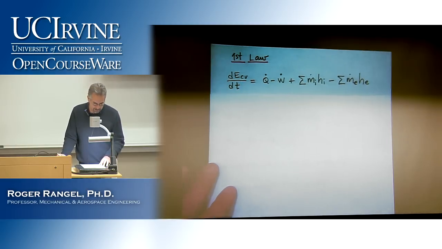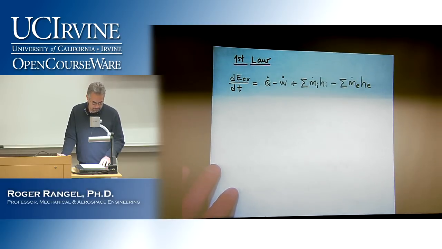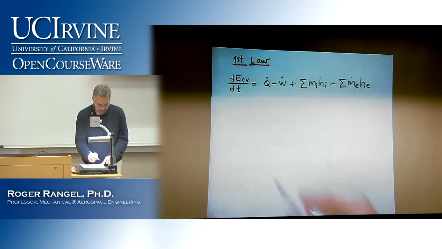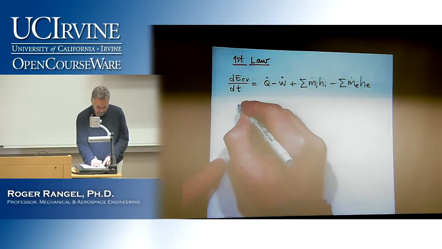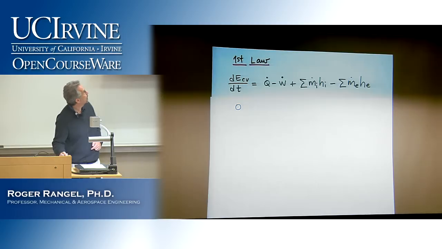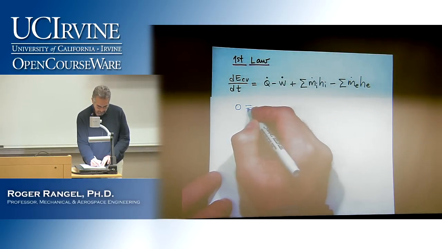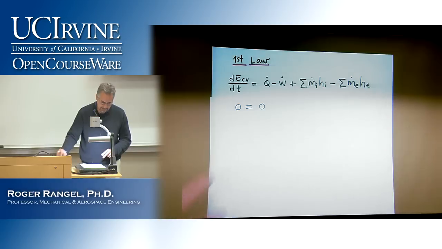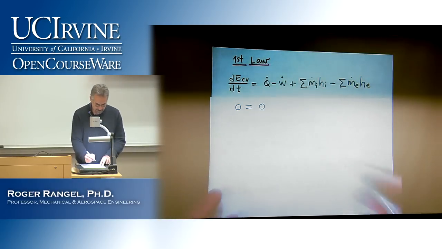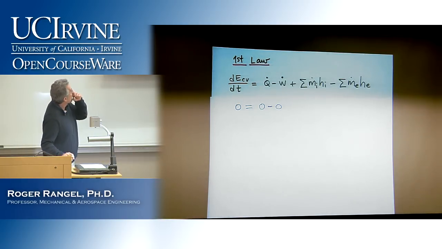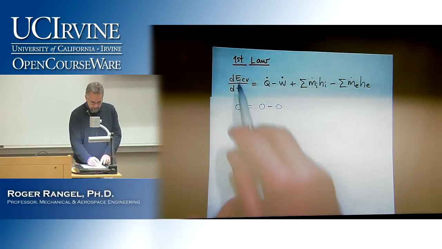But in this problem, again, this is not an issue because what happens to the left-hand side? This is 0. It's a steady flow problem, so there is no time variation. What about Q dot? 0 because we were told the tank is insulated. And what about W dot? 0 because it is a rigid tank. So all of that is 0.